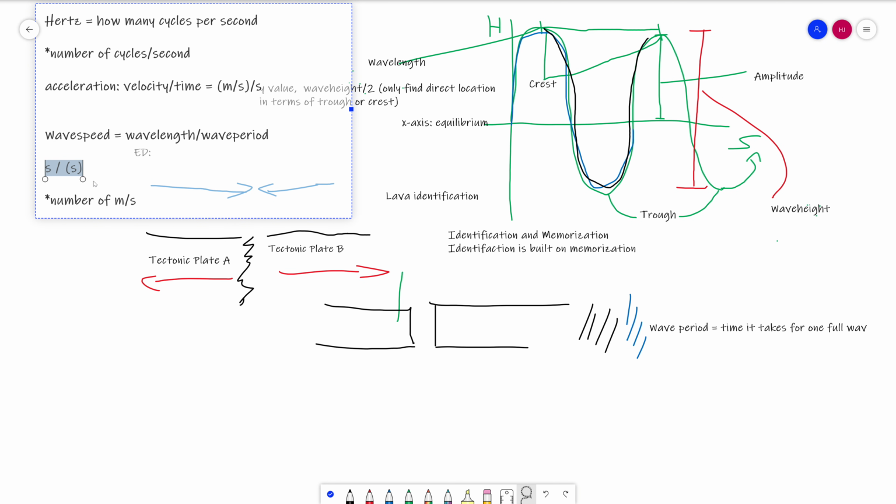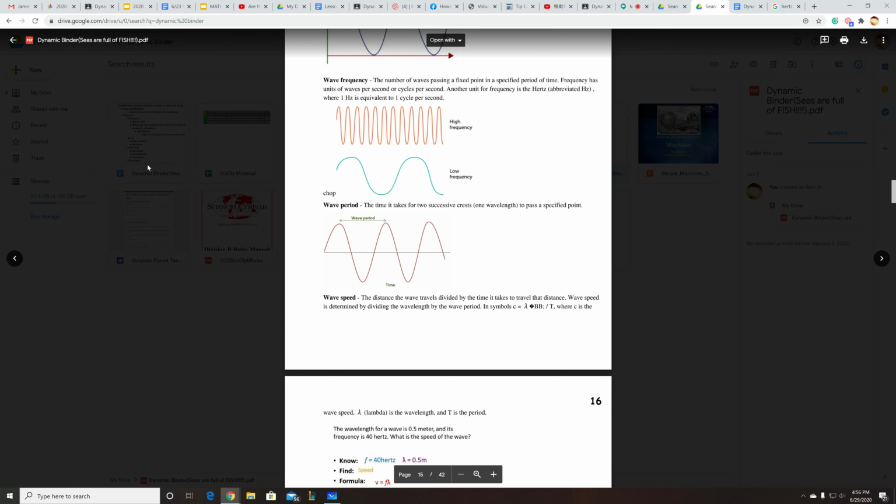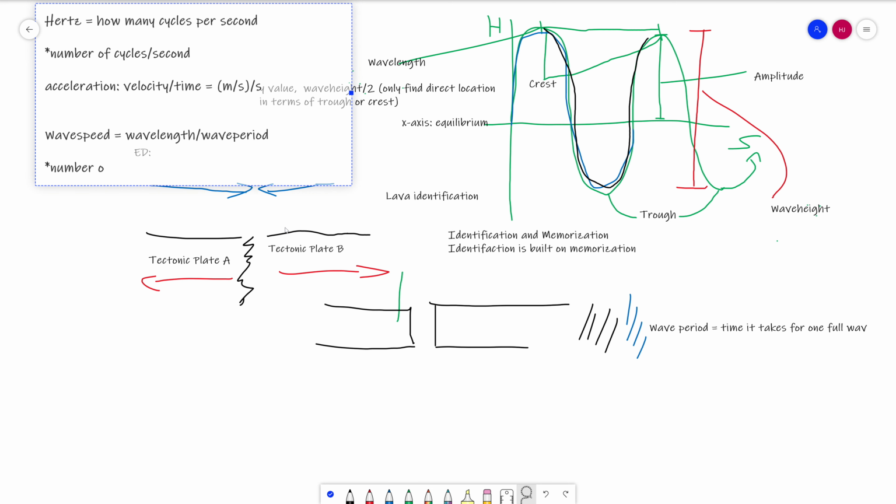But I don't know why this formula doesn't work. It's related, but... wait a sec. What does wave speed even find for you there? According to the textbook, I don't get the units right now, but it means distance per second.